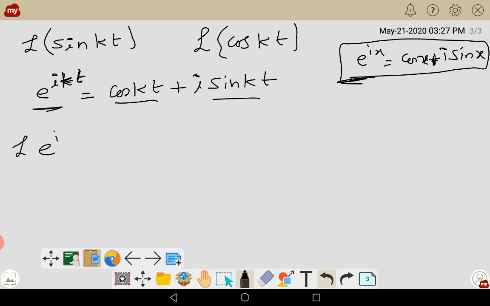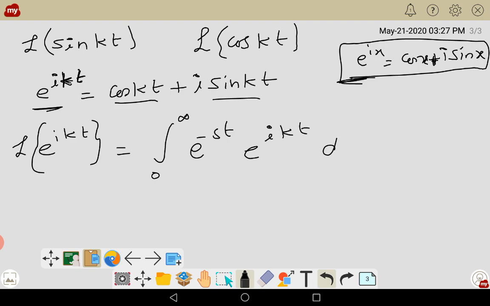So I'm finding Laplace of e raised to ikt. Use the same formula, integral 0 to infinity e raised to minus st, the function is written here, e raised to ikt dt. Now simplify the term, because both the terms are exponential, isn't it?